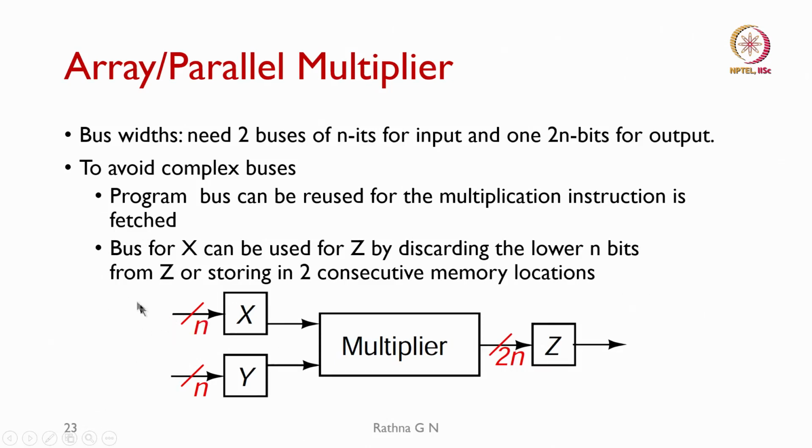I have to do it in 2 clock cycles, which is going to slow things down. So most DSP processors only store the higher bits, as we discarded the lower bits in our example also. The high n bits are stored in our memory through the Z bus.